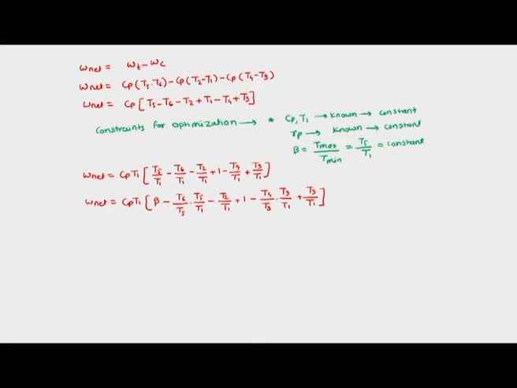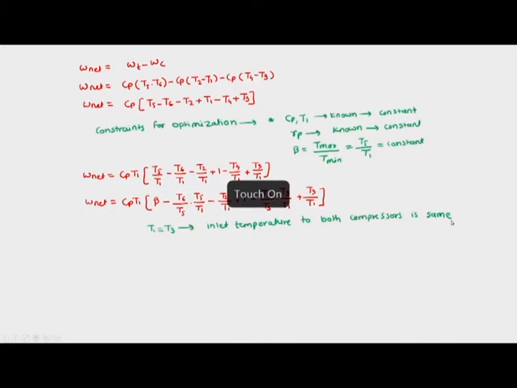We will again consider one thing as an assumption: that the inlet to both the compressors is the same. We will put a constraint which says that T1 is equal to T3, which says that the inlet temperature to both compressors is the same.